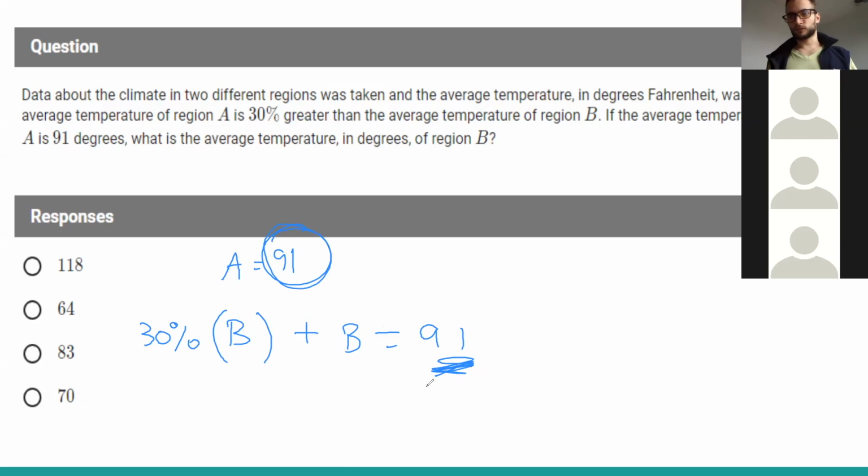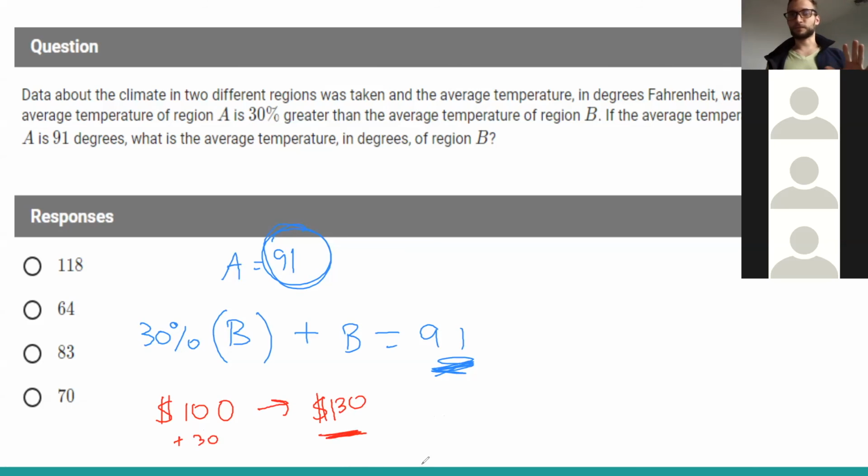Why is multiplying 91 by 70% wrong since B is 30% less? Here's a good example. If I have $100, you have 30% more than me. 30% of 100 is 30, so we add the 30 and now you have 130.